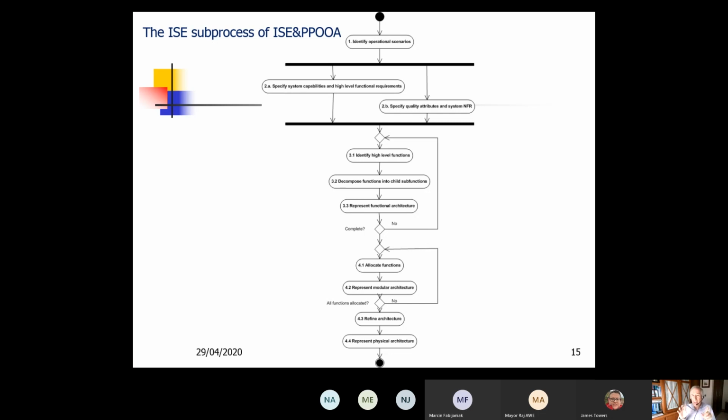So for implementing a logical block with a technology, we apply trade-off analysis, and after, or at the same time, we apply heuristics to meet the non-functional requirements. And after, we represent the physical architecture.